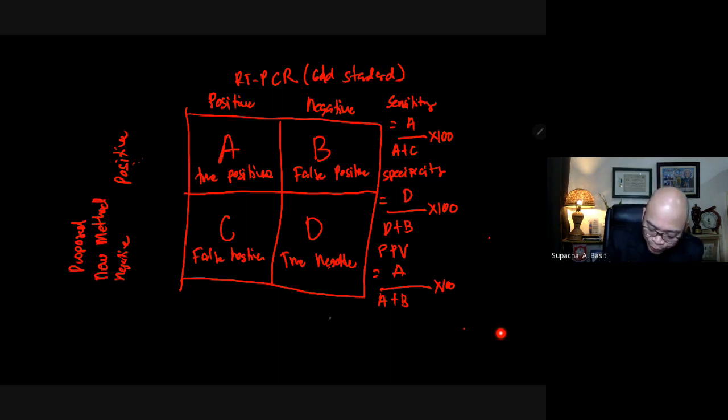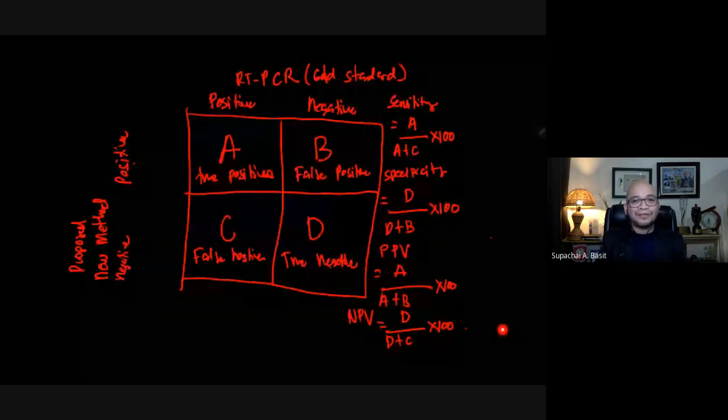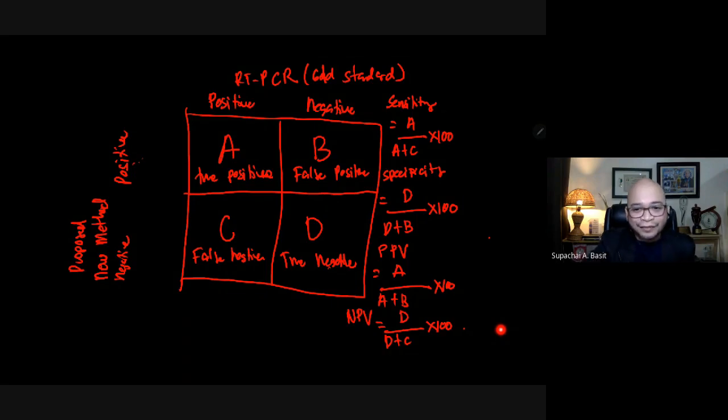And if you want to compute for negative predictive values, then you can now compute it using the equation D over D plus C times 100. Meaning to say, true negative over true negative plus false negative. So that way, you'll be able to compute for the negative predictive values.